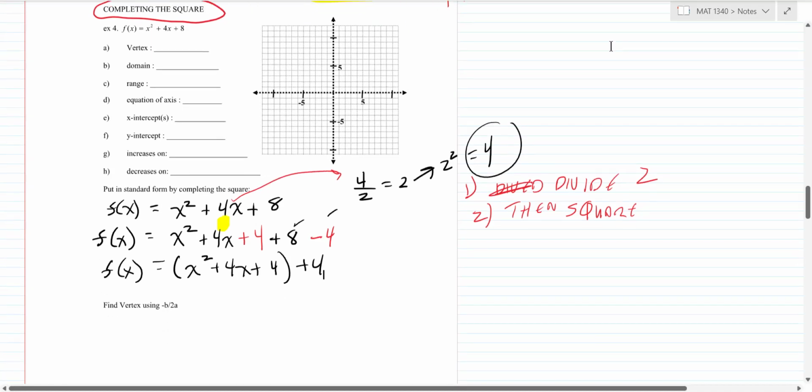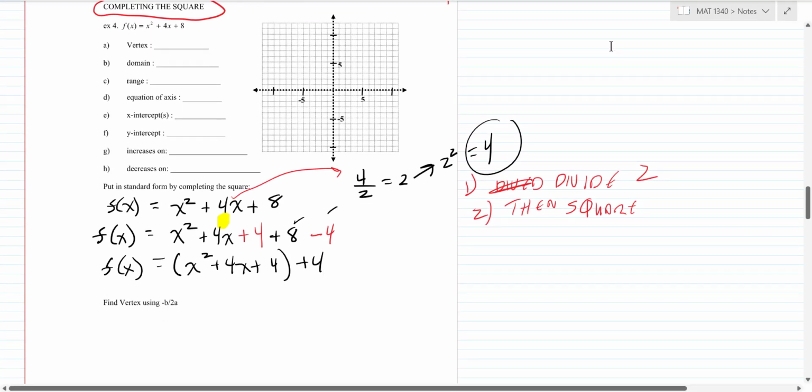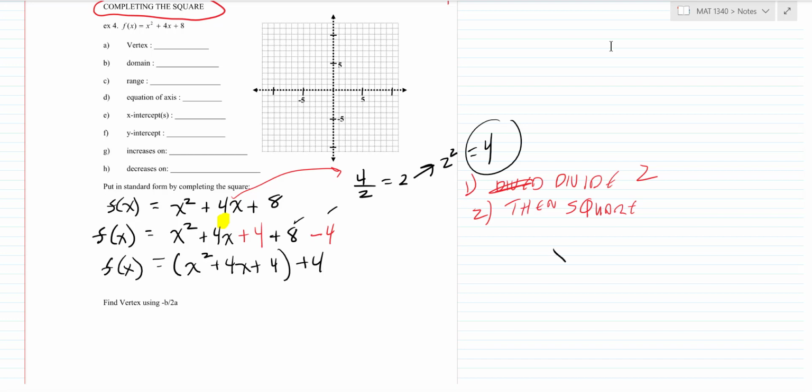Now what we're going to do is factor. We've been doing a lot of factoring this semester. So we need to factor the x squared plus 4x plus 4 and just bring the 4 down. If we draw 2 parentheses on that, then we'd have x and x. We'd have 2 numbers that multiply to give 4, which would be 2 times 2.